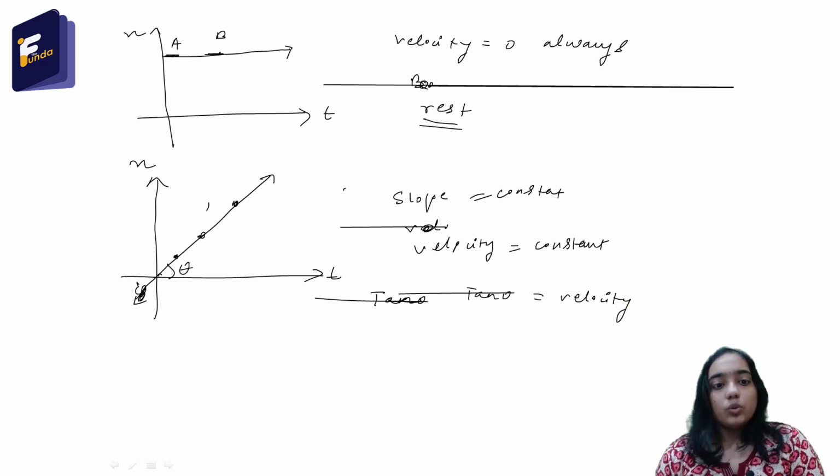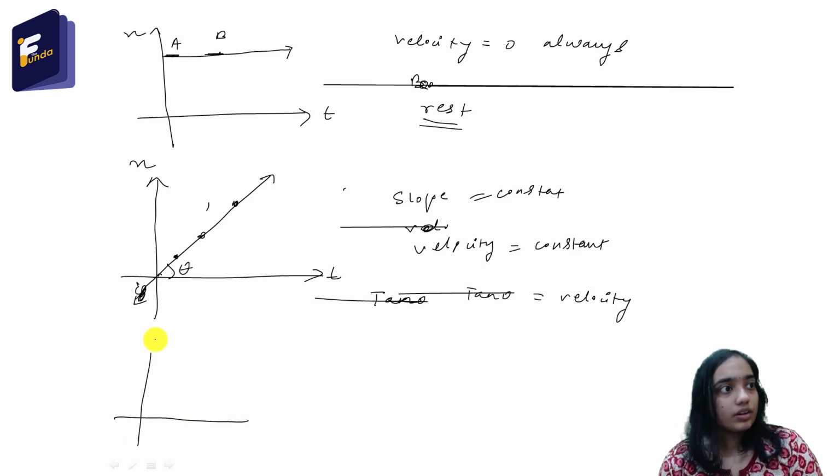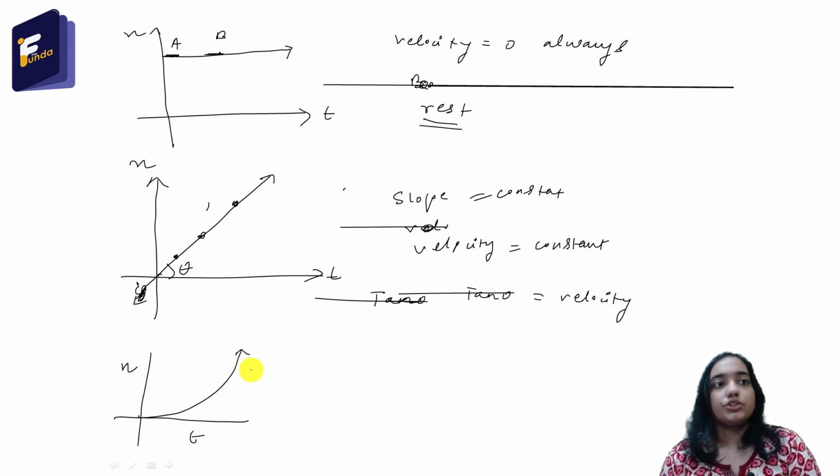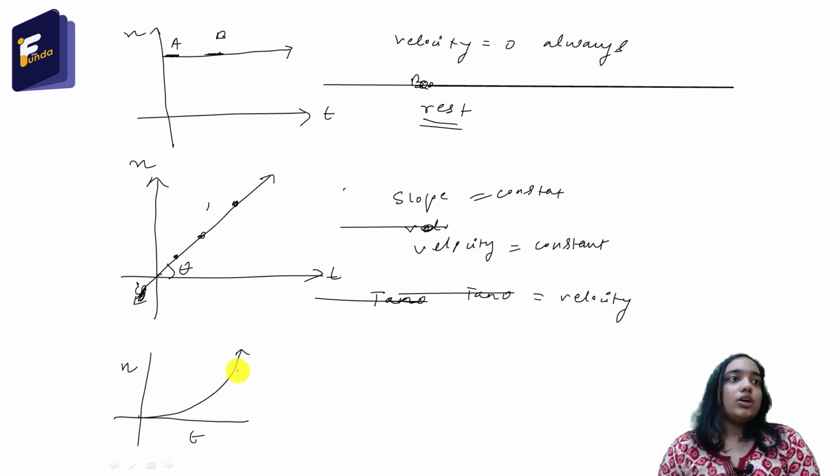Okay, so what will happen if the position-time graph is like this? So this is the position-time graph.